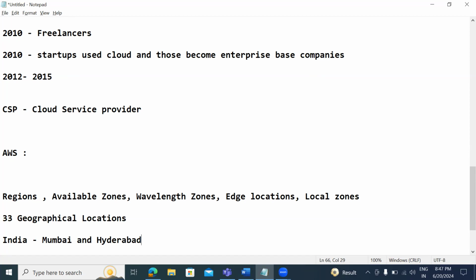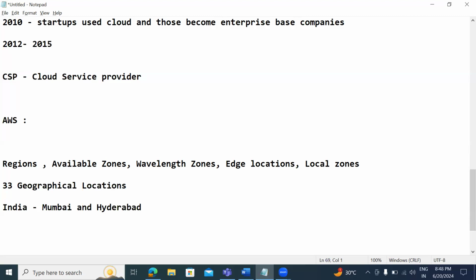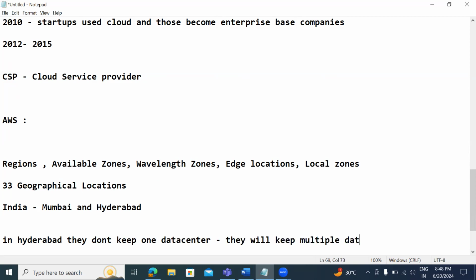Like this, all over the globe, they have more than 33 locations. Those are called regions. What regions are, we'll discuss. Hyderabad is one region, and in Hyderabad they don't keep just one data center; they keep multiple data centers.